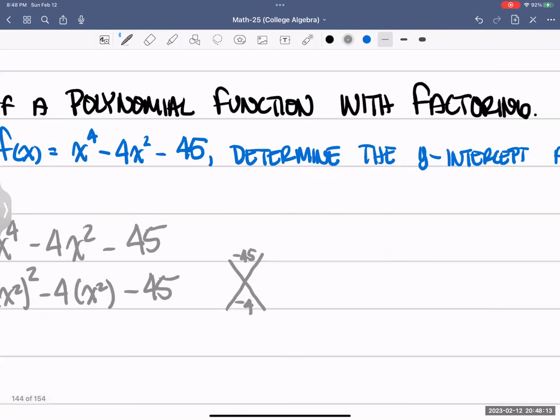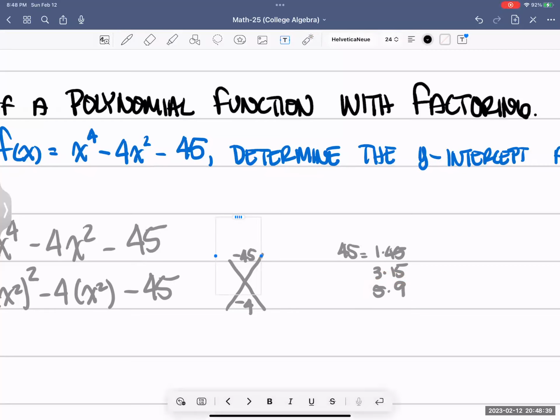Factors of 45 are going to be 1 times 45, 3 times 15, 5 times 9, and then 9 again, which tells us that we just went around.